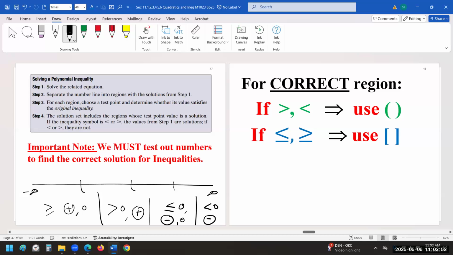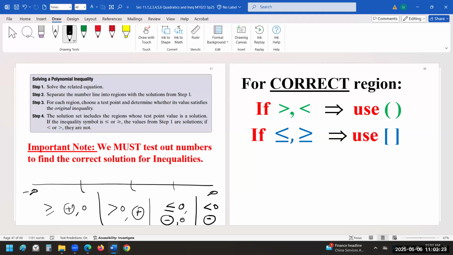Now, since we're going to have a set of numbers, every set or every interval has two endings. Either we have a parenthesis or we have a bracket. If your inequality doesn't have any equal sign, only a strict inequality sign, the interval's both ends have to have parentheses because there is no equal sign in our inequality.